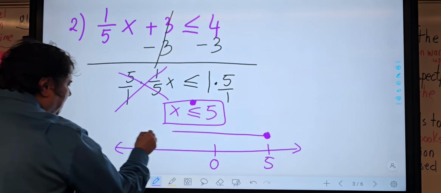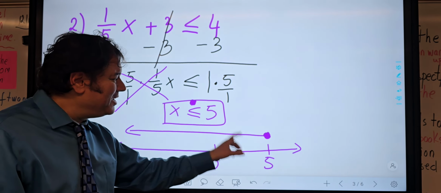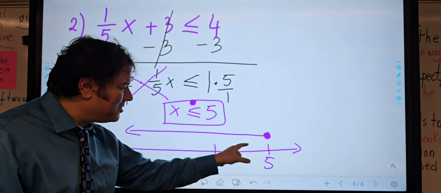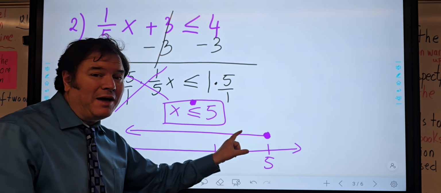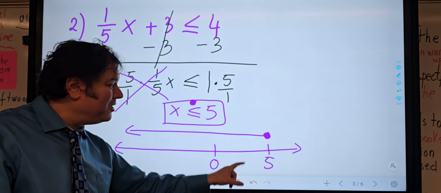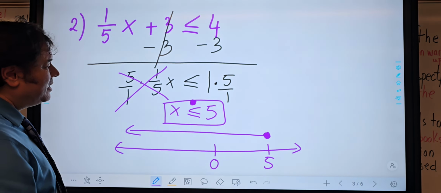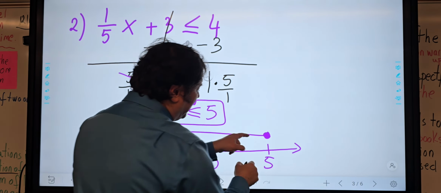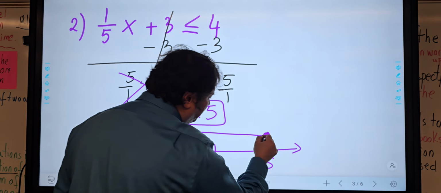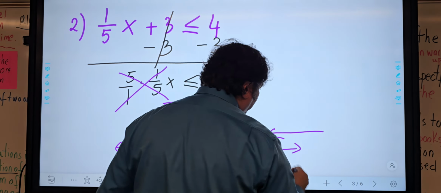A closed dot means that 5 is included in the answer. If that would have been an open dot, 5 would not have been included in the answer. A closed dot means 5 can be included in the answer, right? And using interval notation, at 5, since this is a closed dot, we are going to use brackets.